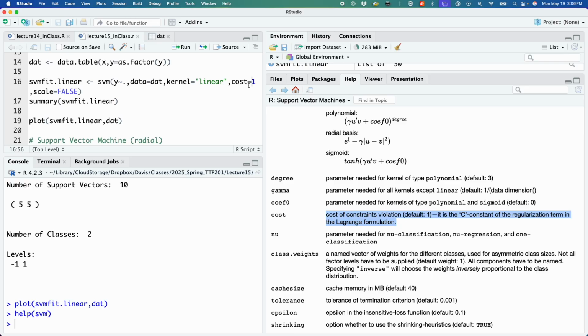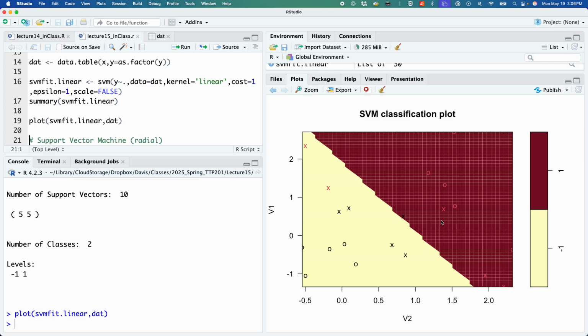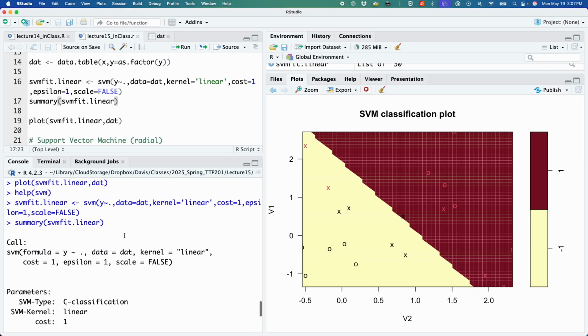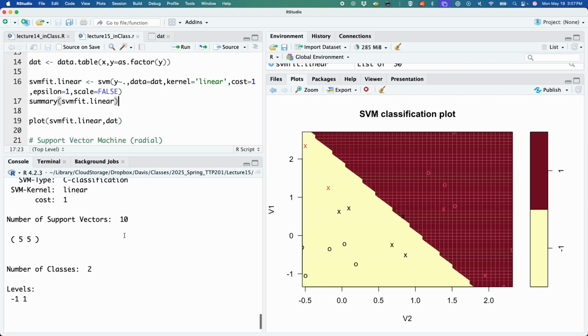Does that make sense? So let's see. If I leave cost equal to 1, but I change epsilon to be equal to 1... wait. It's not doing what I think it should be doing.